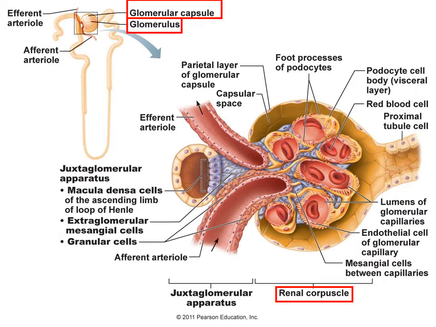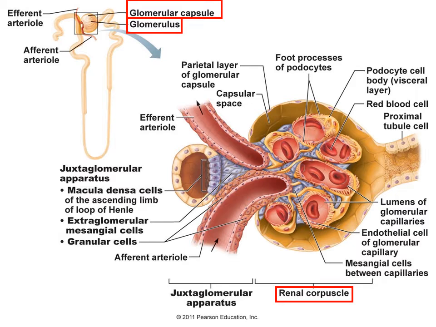This is where this capsule has a huge network of capillaries surrounding it. And so on this diagram, we see the afferent arteriole that is bringing the blood in. The capillary bed is surrounding, or is in, this glomerulus area, and then the blood leaves out the efferent arteriole.